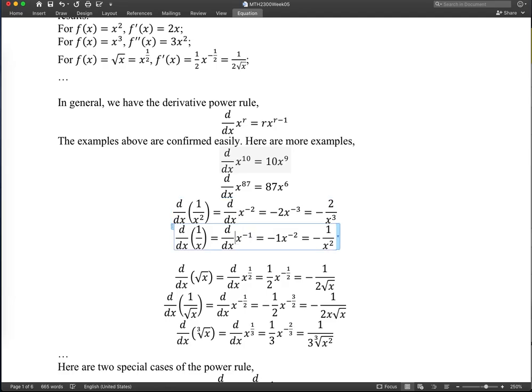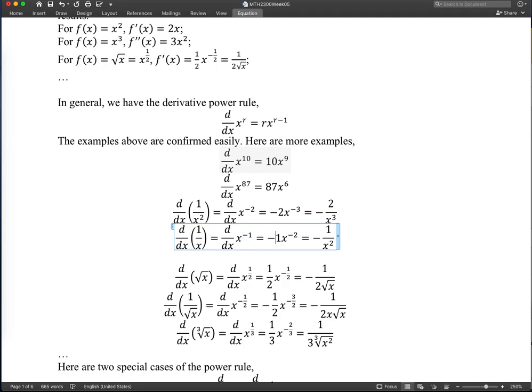The next example turns out to be very similar. 1 over x. 1 over x should be considered as x to the negative 1 power function. Because so far, the only rule we have, other than the definition, is the power rule. So for any function, you will have to consider using the power rule. 1 over x is considered as x to the negative 1.